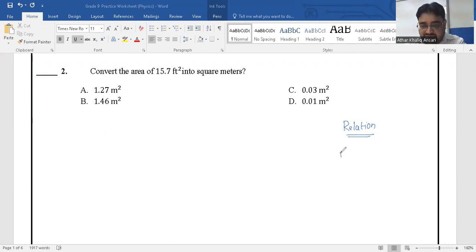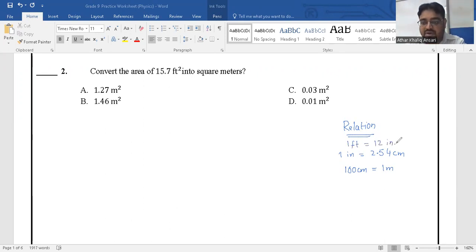The first relation is 1 inch is 2.54 centimeters. The other one, 100 centimeters is 1 meter, and also 1 foot is equal to 12 inches.